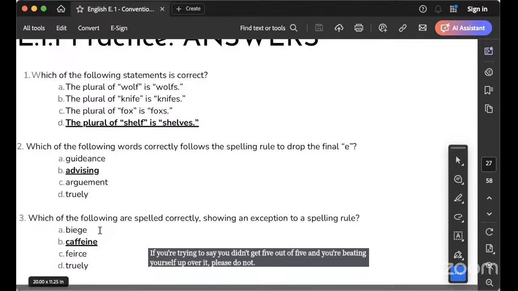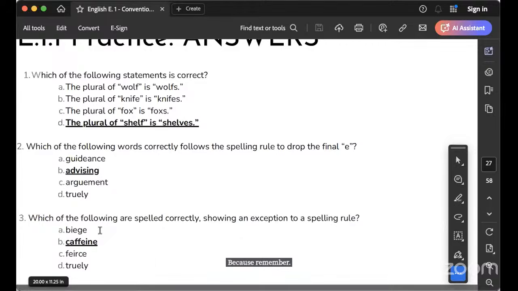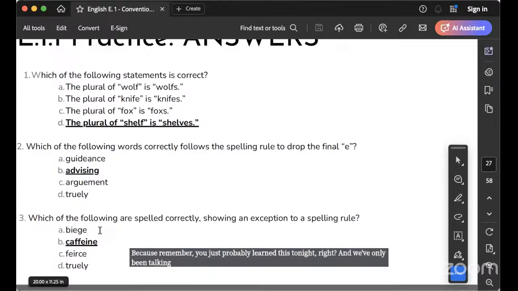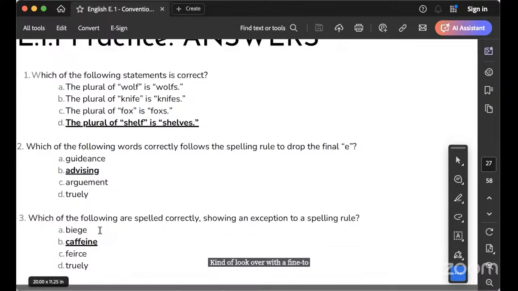Because remember, you just probably learned this tonight, right? And we've only been talking about it for 20, 30, 40 minutes. So you're just learning. You're just getting exposed to it. So this is just really meant to show you what areas you need to now go in and kind of look over with a fine tooth comb. So don't beat yourself up.